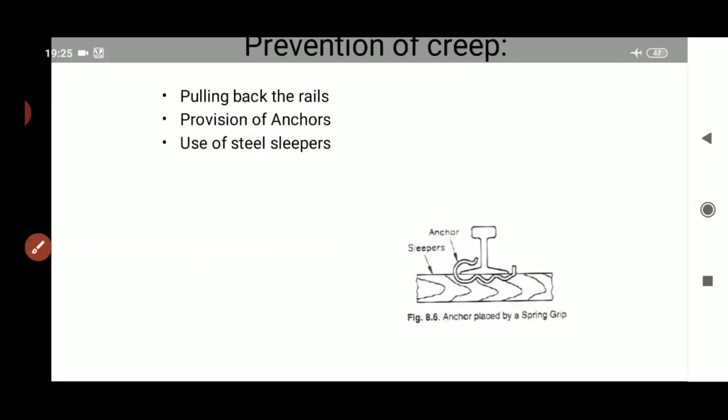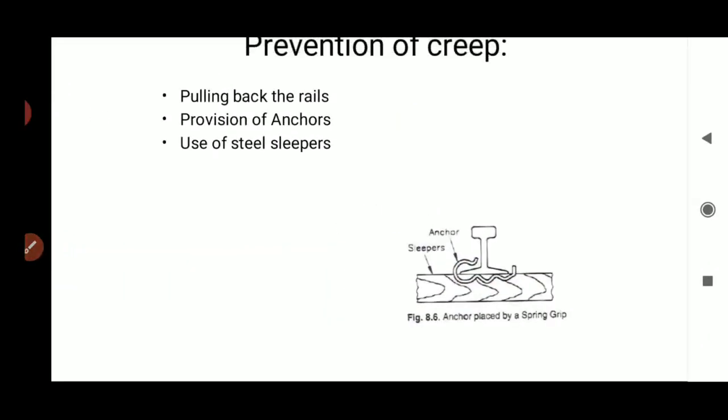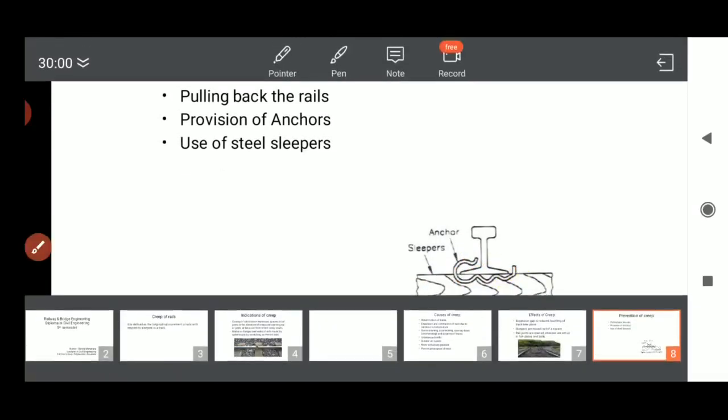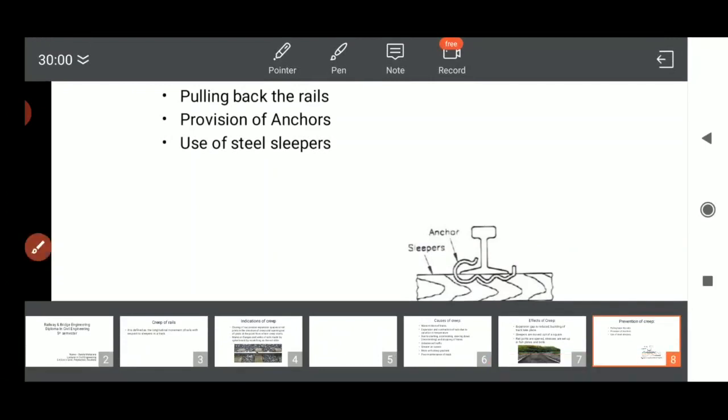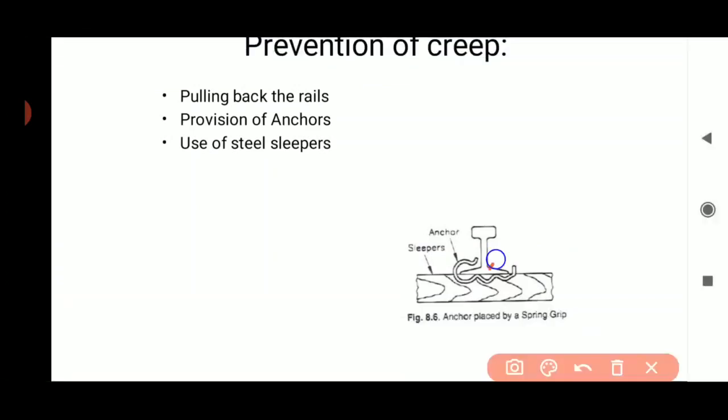Okay, so anchors are generally fastened to the foot of rail. Here you can see the anchor is fastened to the foot of rail with the slipper. Anchors are fastened to the foot of rail and kept in perfect contact with the side of the slipper, being the side opposite to the direction of creep.